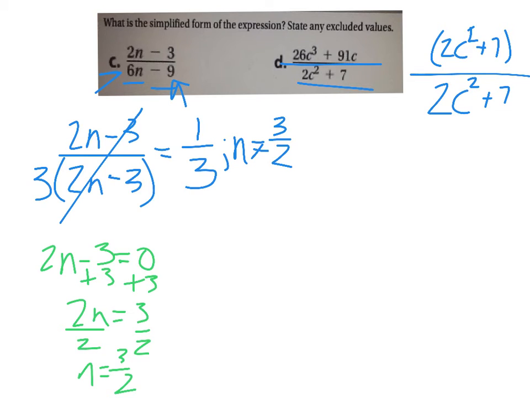Well, 2 times 13 gives us 26, so let's see if I take 13 times 7 to see if I get the 91 that I need there. Well, 3 times 7 is 21, carry the 2. 7 times 1 is 7 plus 2 more, and it does indeed give me 91. Now, the other thing is that this is c to the third compared to c squared.